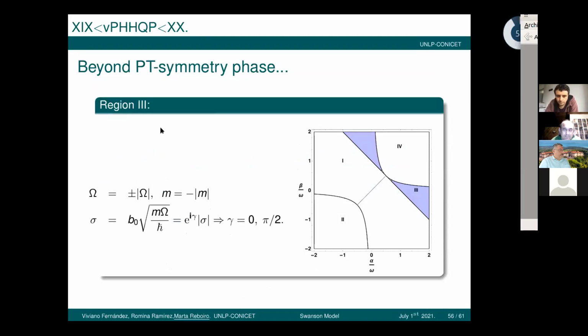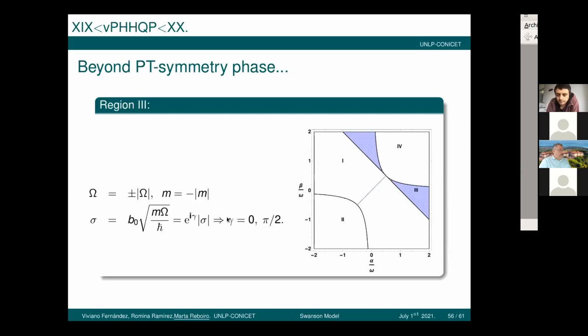In region 3, we have m less than 0 and omega squared, pardon, omega, yes, omega can take the value plus or minus the modulus of omega.